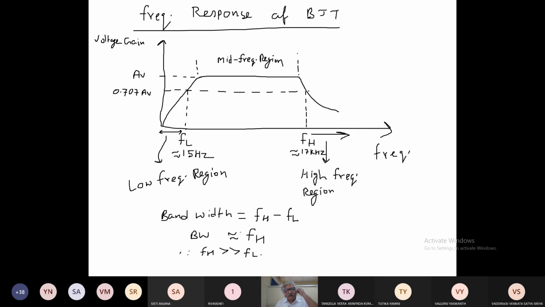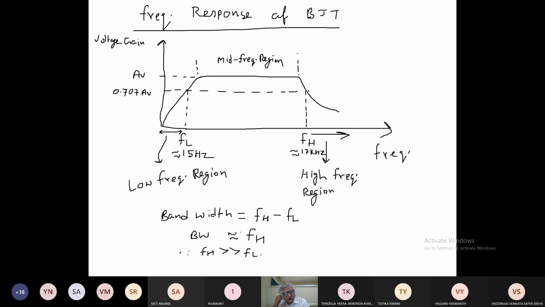Okay. So these things we discussed. Now here, there are coupling capacitors, there are bypass capacitors, and there are some internal capacitors in the transistor. Till now you don't know about the internal capacitors.